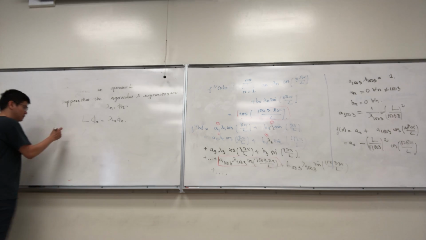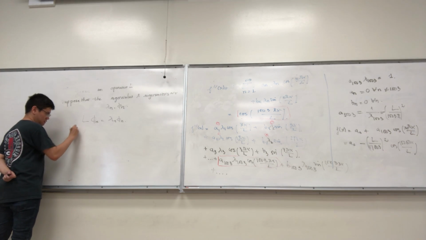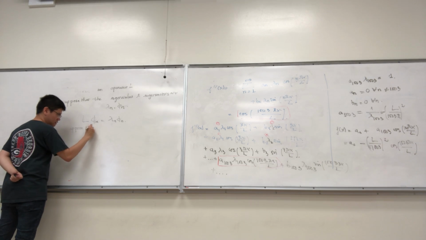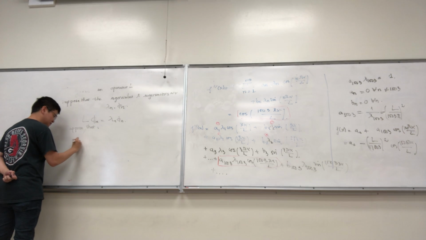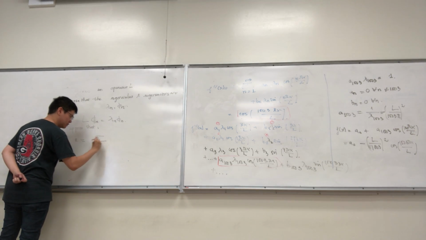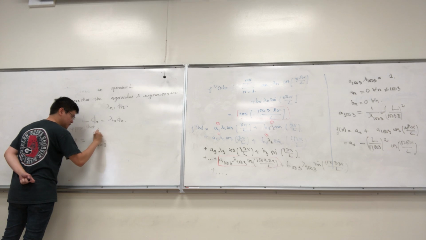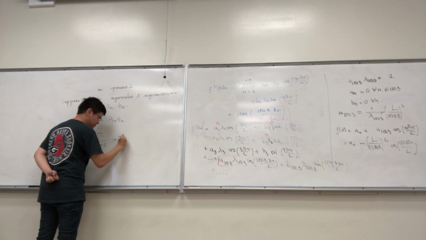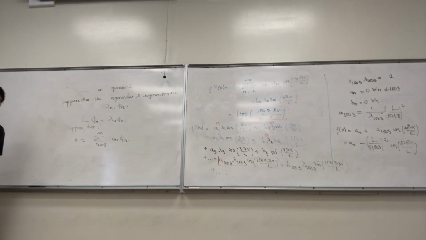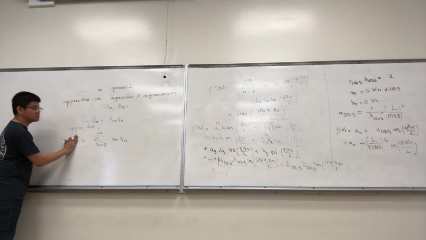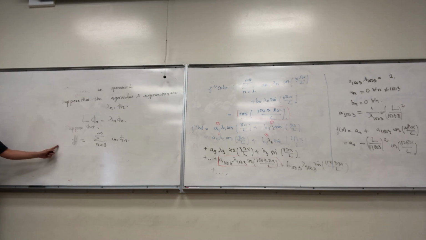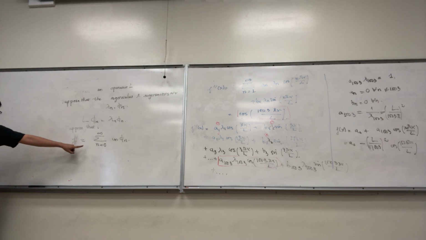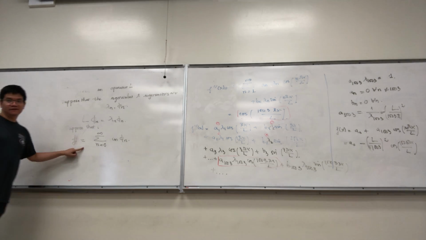Now suppose that U can be written as the sum, with n going from 0 to infinity, of an times phi n. U is the function, so I'm going to call it f. Suppose that you can write f as the infinite sum of an phi n.